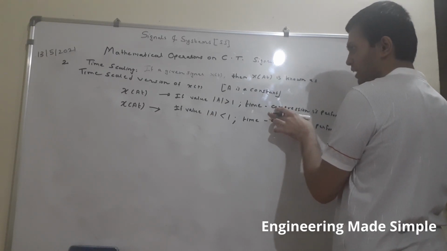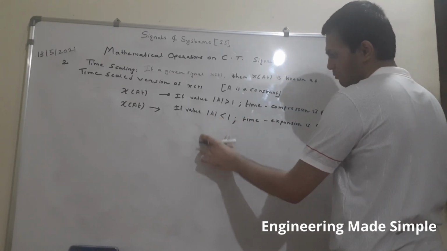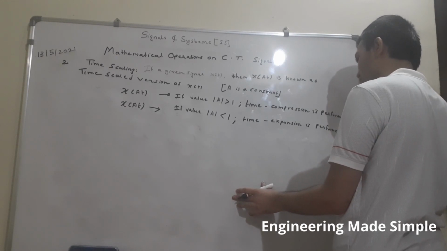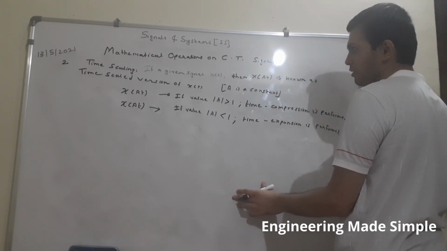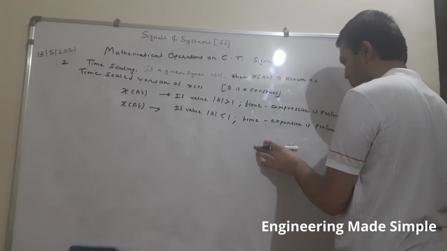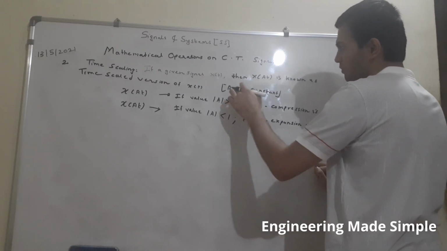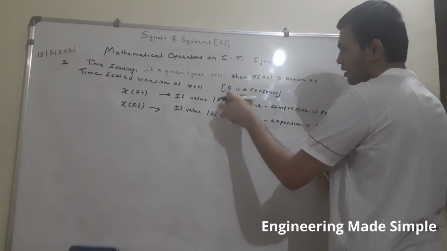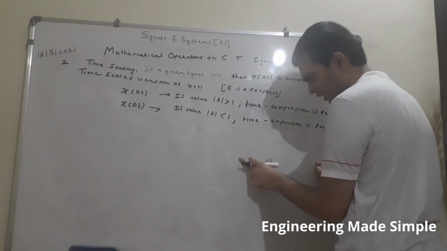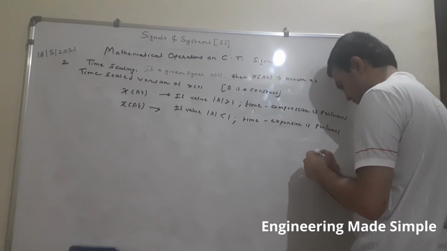And whenever the value of the constant which is multiplied to the independent variable time is less than 1, then we say that time expansion is performed, simply expansion of the signal. So this is the definition of time scaling, and these are the two subtypes available in time scaling operations on continuous time signals. Now let us see these two with the help of an example.